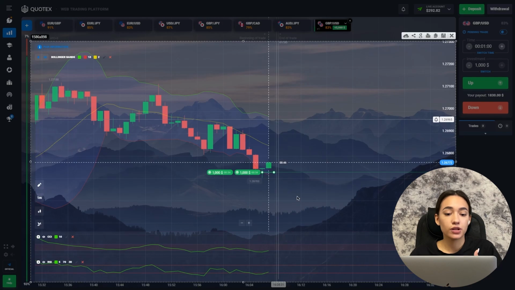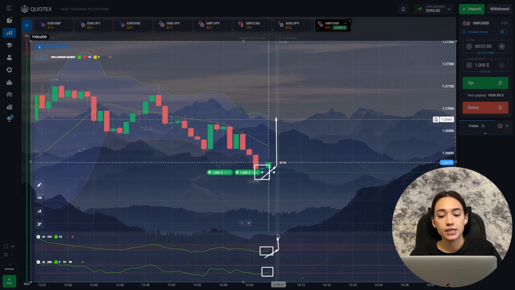Here there is a touch of the lower moving average. After this happens, the dynamics of the trend will change, showing either a price rollback or a change in trends. In our case, there is an exit from the oversold areas on our two oscillators, and that's why we open deals here for increase.